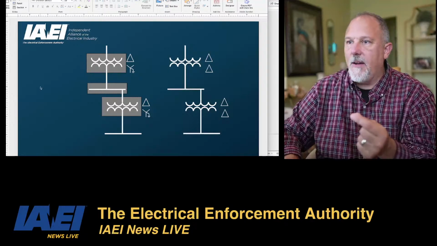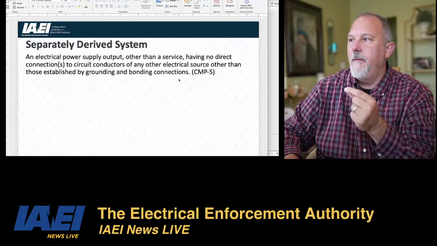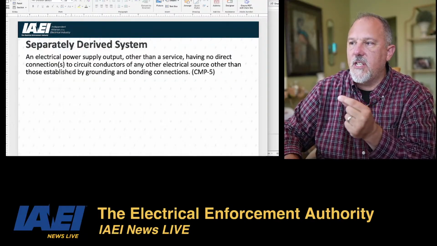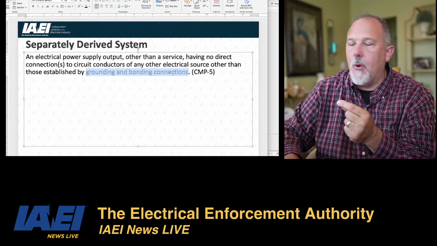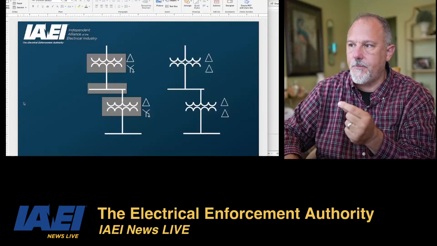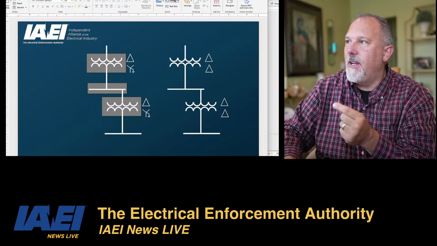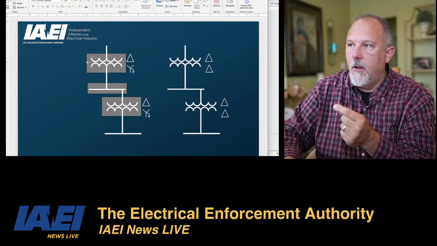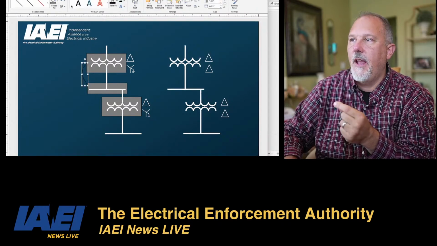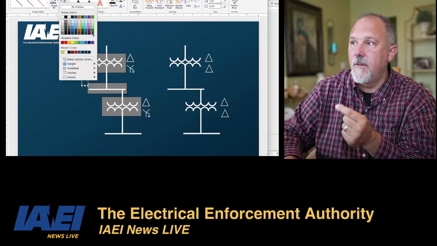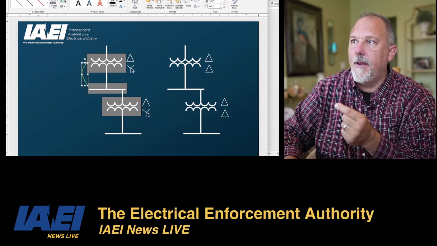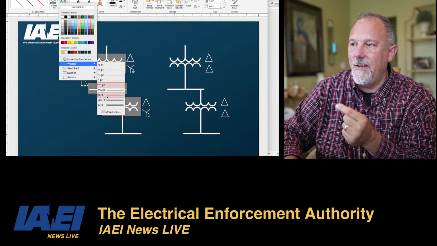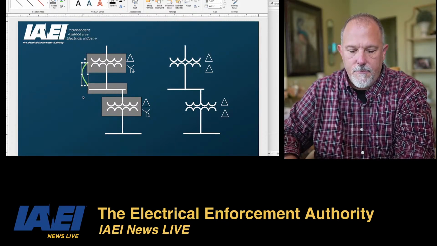When we talk about other than those established by grounding and bonding connections, I would have this connected with this, and that would be a green. A nice thick green connection.